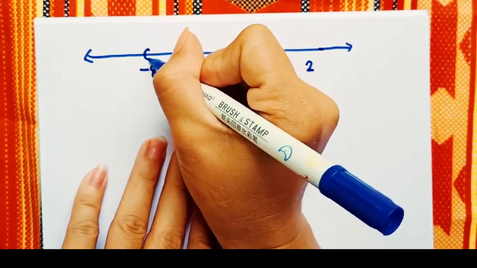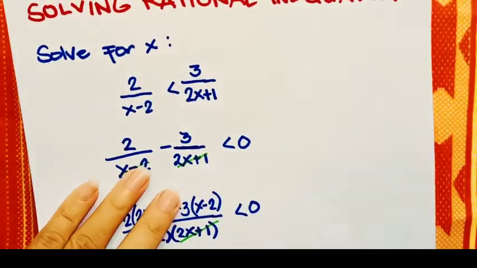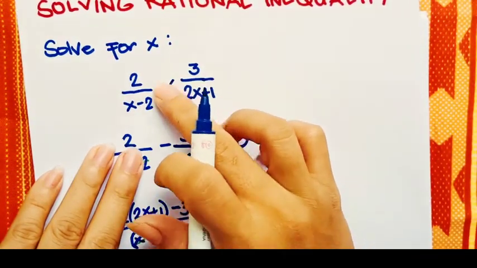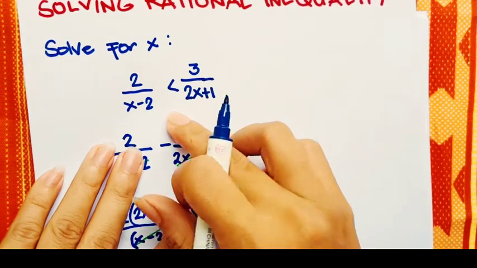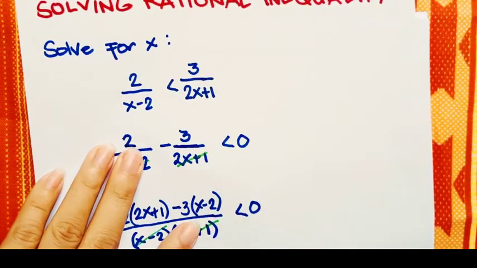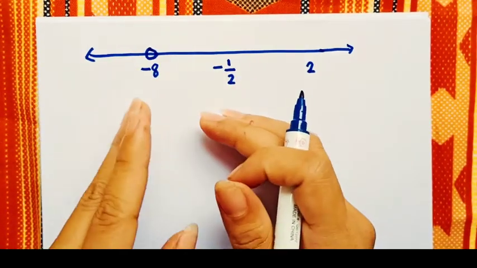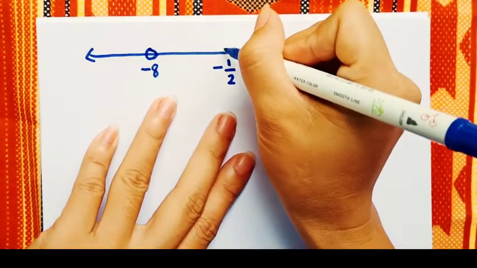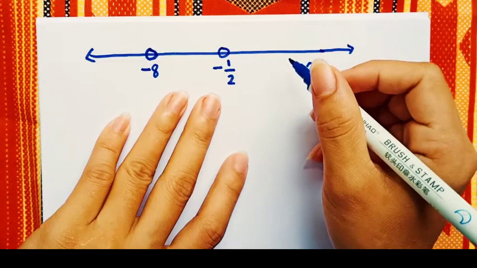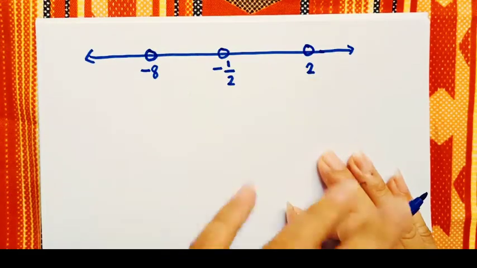We will make this open, dili siya shaded, kay sa original na inequality, wala man siyang equal to. Less than lang man gid siya. So, dili na siya i-shade kay wala man siya apil sa solution. Next, open gihapon siya, dili shaded nga bilog because dili pod apil ang negative 1/2 og ang 2. Undefined man sila.